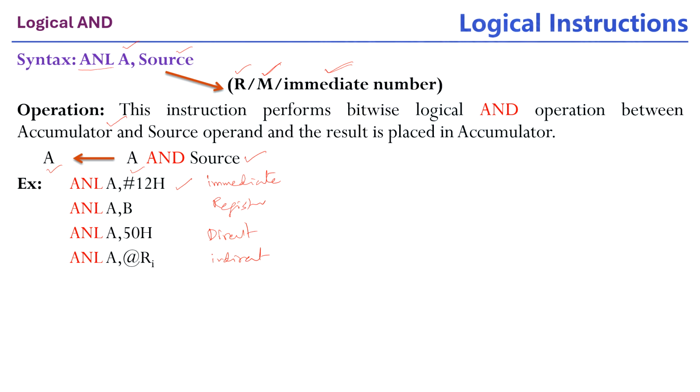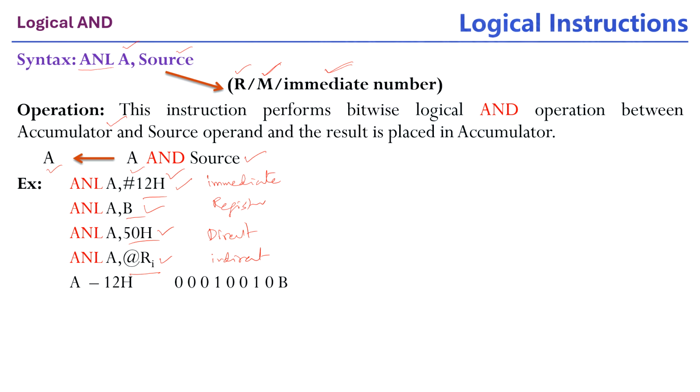Here we specified the source operand in different ways: immediate data, register operand, memory location data, and memory location data in an indirect way. But we will see the actual operation with the help of one example.